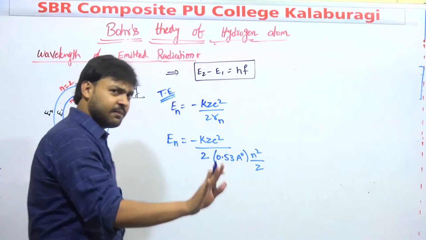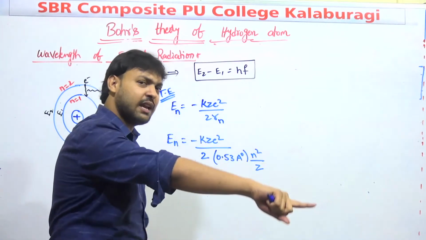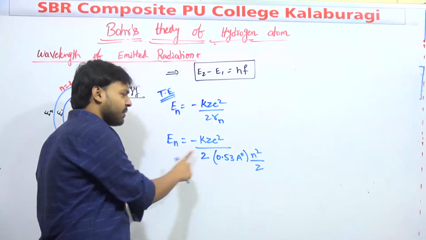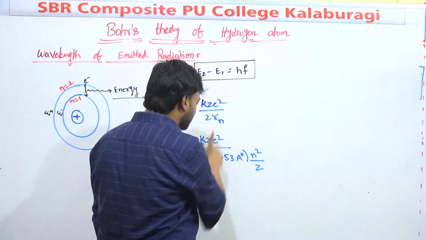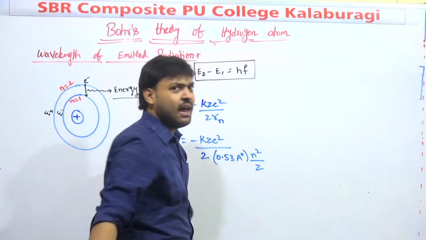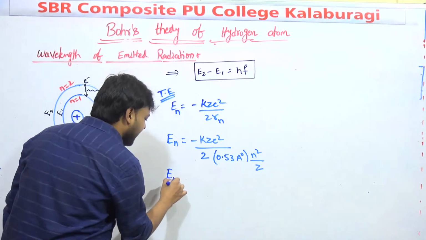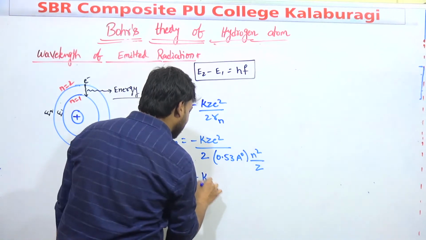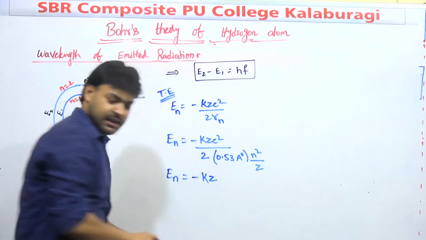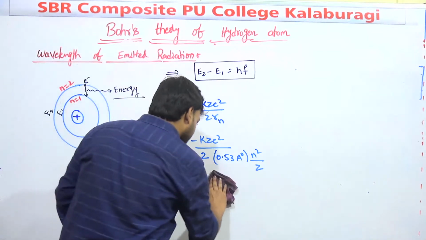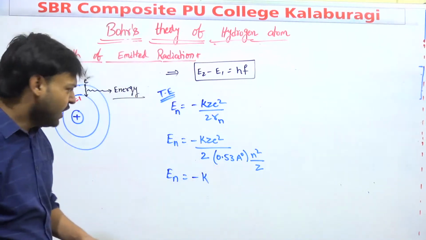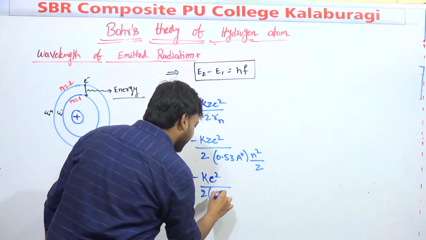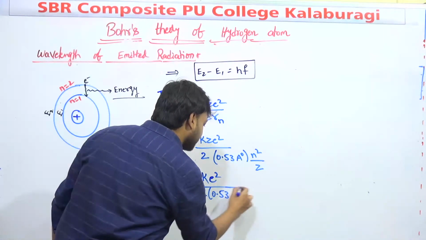Very important. If you want, you can continue there with the total energy, or else write it in the notes. So energy at the nth orbit is minus kZ square divided by 2 times 0.53 angstroms times n square divided by Z. Z will go to the numerator, so it will be minus k times Z. The constant we will see here: ke square divided by 2 times 0.53 angstroms, right?